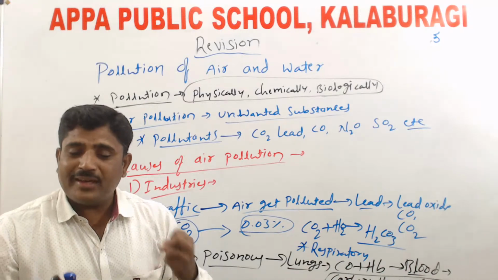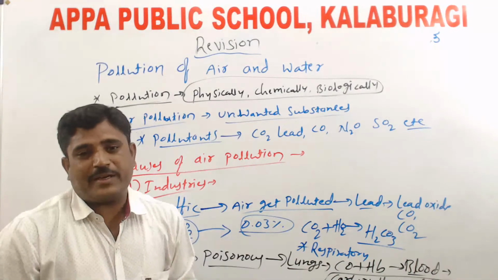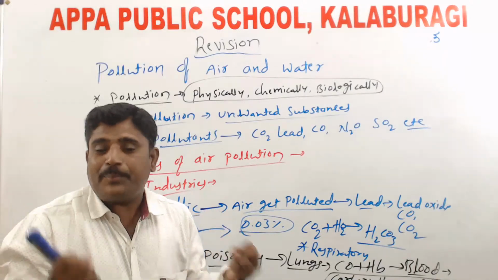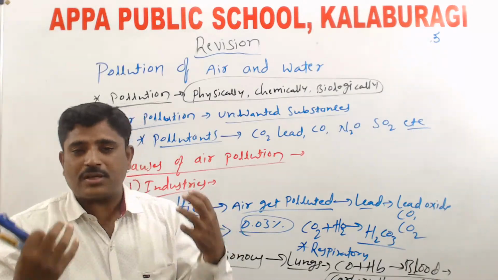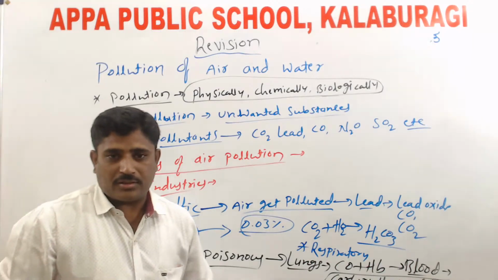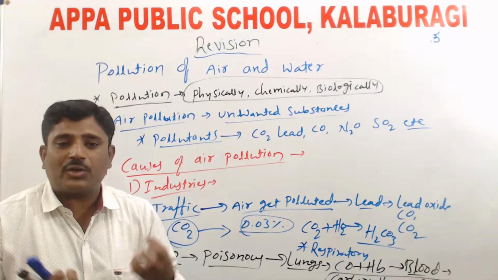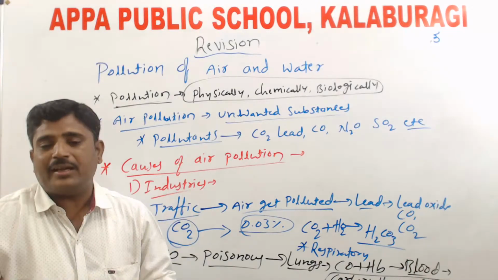We need a sufficient amount of oxygen for what? For respiration, for all the life processes, whatever the processes going on inside the body. Without oxygen, all the organs, all the tissues will not work properly because they need energy.